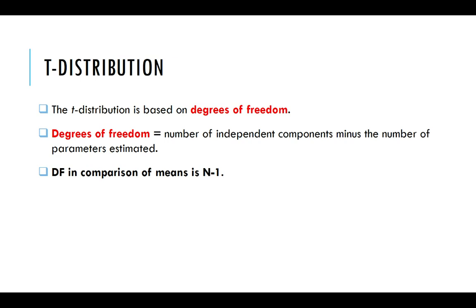So if I'm comparing means, my degrees of freedom is n minus 1. I have n observations minus 1, which is my parameters estimated.